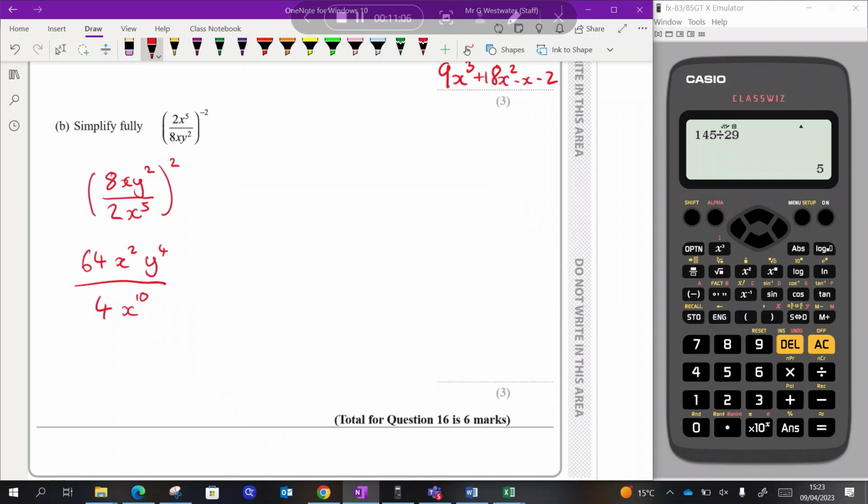And now I just need to cancel where I can. So 64 and 4 gives me 16 on the top. x squared and x to the 10 will leave x to the 8 below, so we have 16y to the 4 over x to the power of 8.